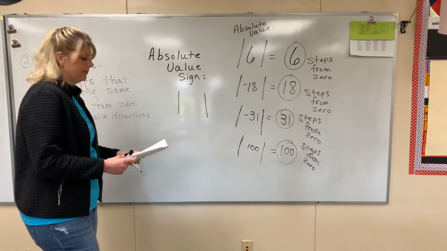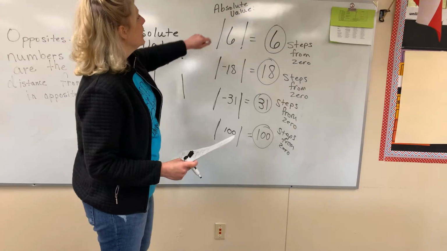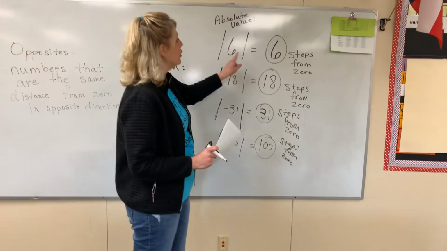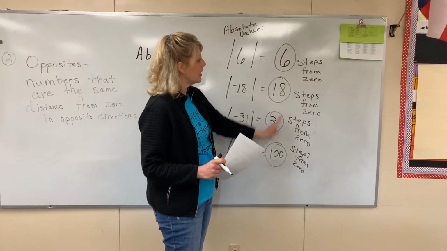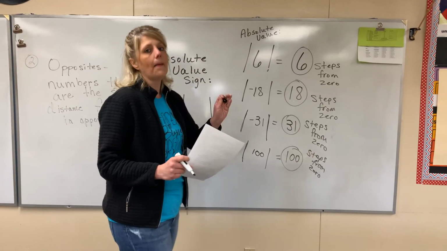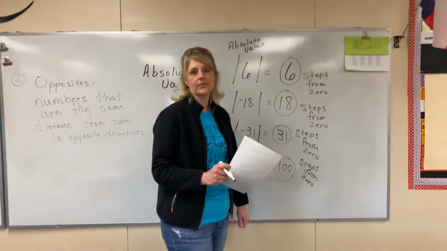So, again, one more time. It doesn't matter if I'm positive. It doesn't matter if I'm negative. When you do the absolute value of it, you notice that all my numbers are positive because you can't be negative steps.